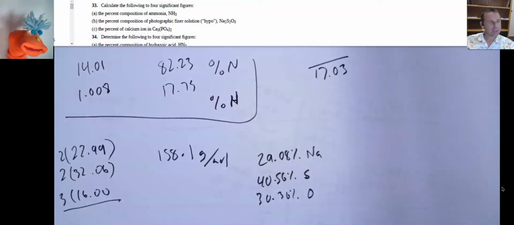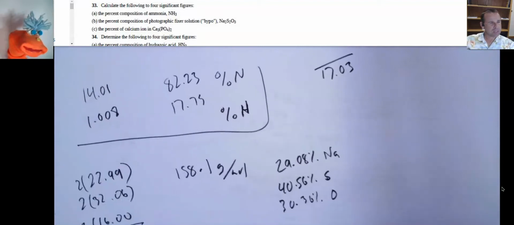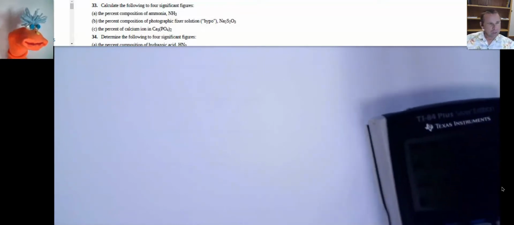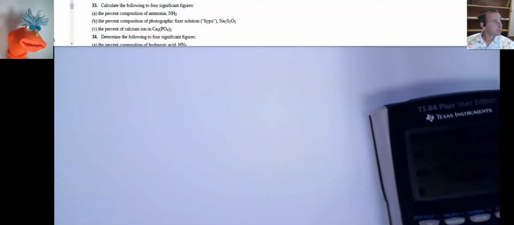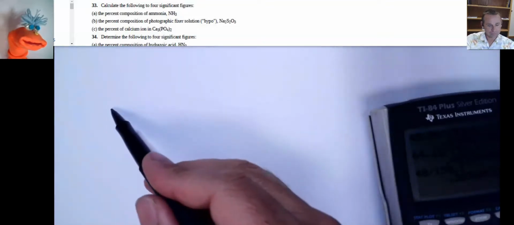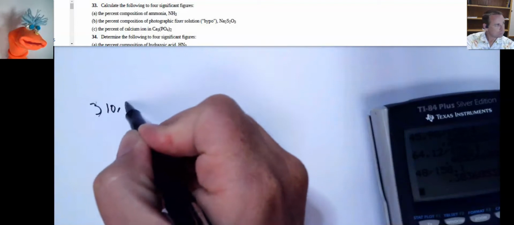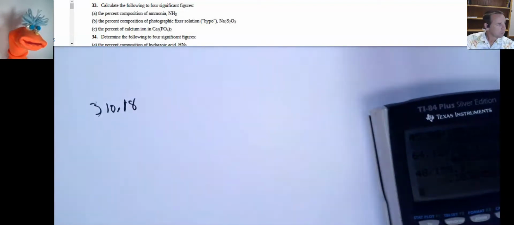Okay, good. The percent of calcium ion in the calcium phosphate. Let's see, we can probably use Google here to identify the molar mass of calcium phosphate. According to Wikipedia, tricalcium phosphate is a calcium salt of phosphoric acid with the chemical formula Ca3(PO4)2.